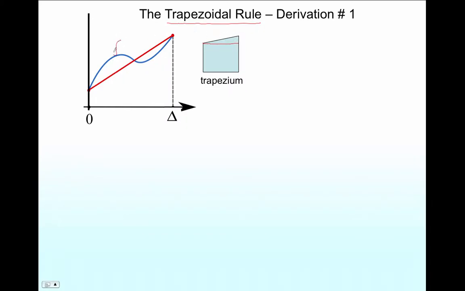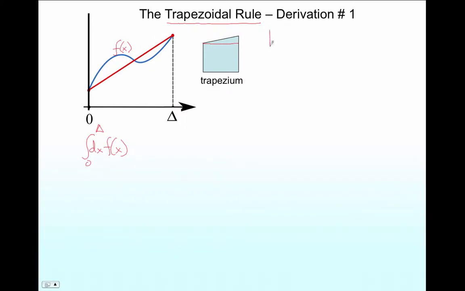Here is the function f of x, sketched in blue, whose integral we want from 0 to delta. So we'd like to have integral of f of x from 0 to delta. Unfortunately, f of x is too difficult to integrate analytically, and so what we shall do is approximate f of x with a straight line.